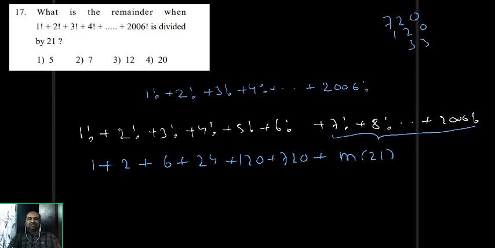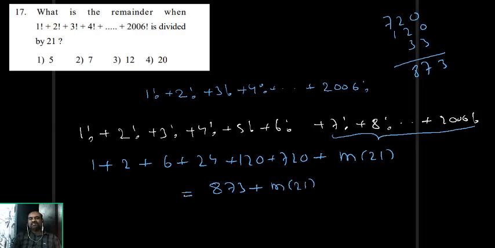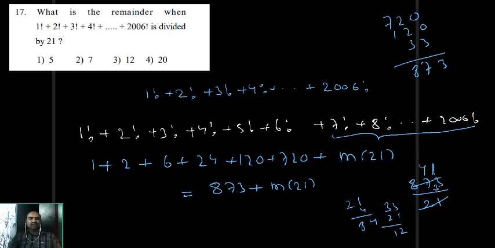Now I will cross check: 720, 120, 24 plus 9, 33, gives 873. So 873 plus a multiple of 21. Now find the remainder when 873 is divided by 21. 21 times 4 is 84, so 4 times 21 is 84, 3 remainder, 33. 33 minus 21 is 12. So 873 is 41 into 21 plus 12, plus a multiple of 21.